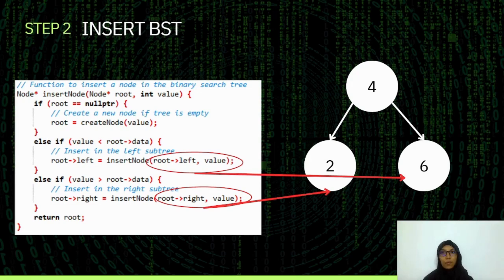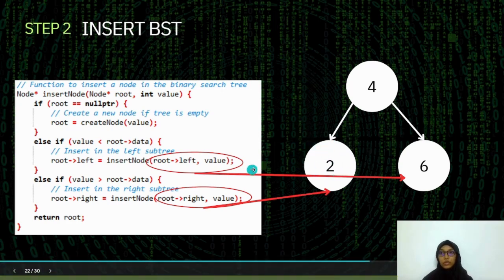Next, for the second part, which is insert into the binary search tree. Let's say I want to insert the integer value 4. It will compare the root with the null pointer, and if it is empty, it will automatically create the new node, because we just started from the beginning, which is the root. Next I will insert the value 2.